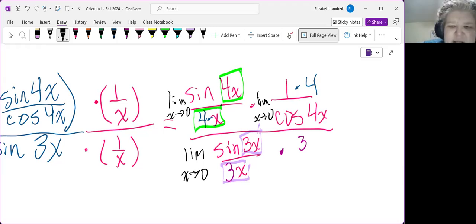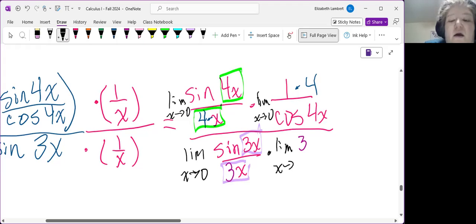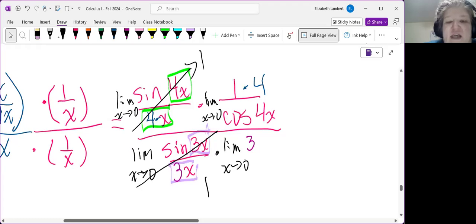I mean, technically there is a limit here with the 3, but the limit as x approaches 0 of 3 is 3. So this guy goes to 1. This guy also goes to 1. So now we just need to look at these. 1 times 4 on the top is going to be 4 over the cosine of 0, which is 1.